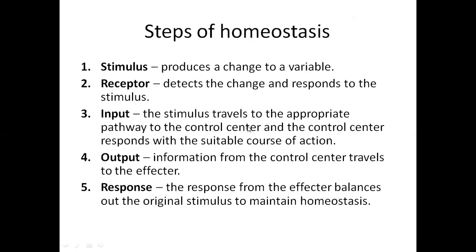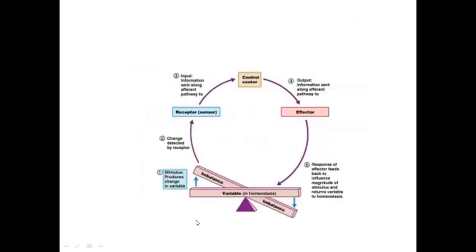This afferent system carries the information to the control center present in the brain, and there the response comes through the efferent system. The output passes through the efferent system to the effector. The effector structures present in the body bring about the response to restore the homeostasis. So these are the 5 steps involved in maintaining the homeostasis of the body.